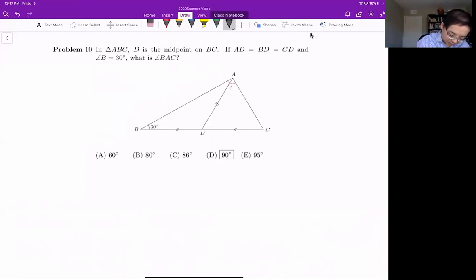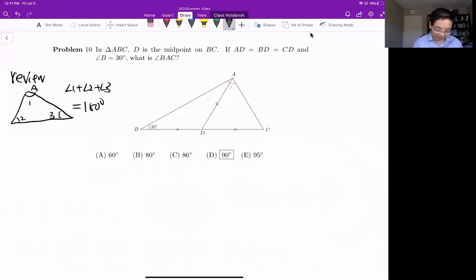So here let's review. If I have a triangle, say it's whatever, let's say this is 1, this is 2, and this is 3. So angle 1 plus angle 2 plus angle 3 is always 180. So this is a basic fact in geometry. So definitely you should remember.